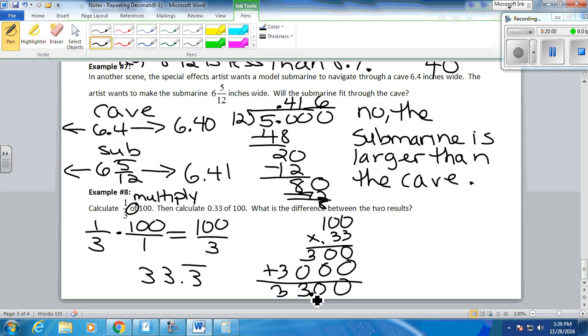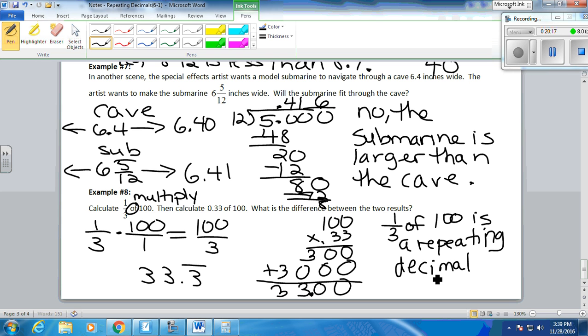So the difference is 1/3 of 100 is a repeating decimal. And 33/100ths of 100 would not be a repeating decimal.